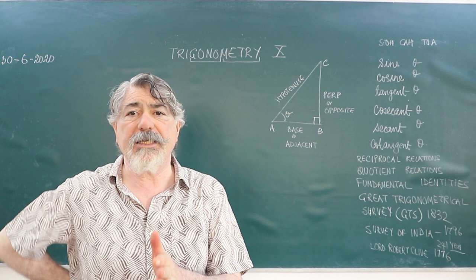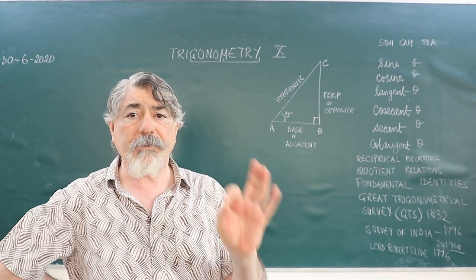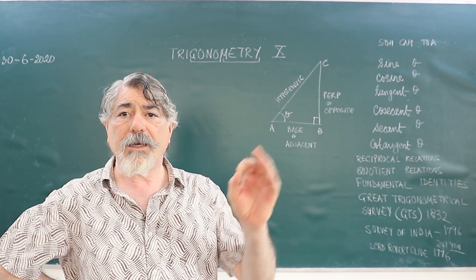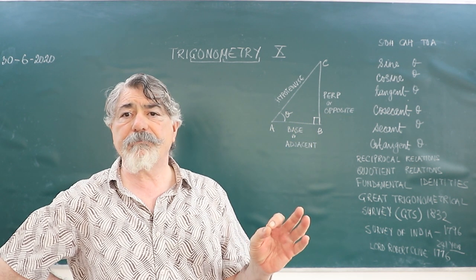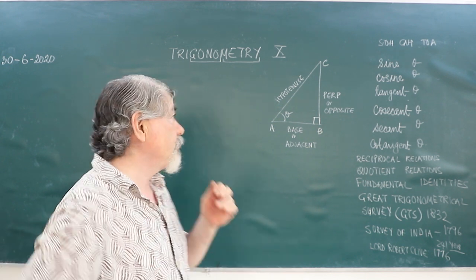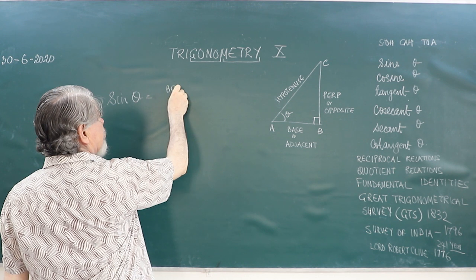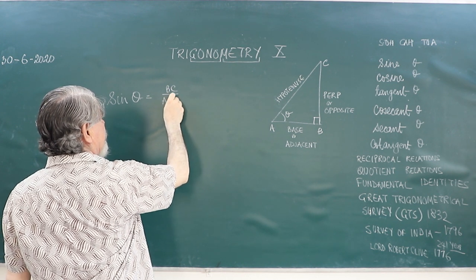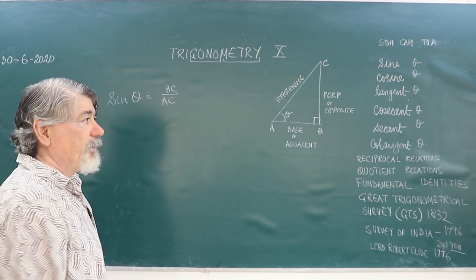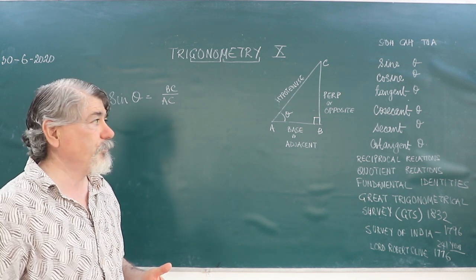Pandit Badri Prasad, or some people have, where P is perpendicular and H represents hypotenuse. So in this particular case it is BC upon AC, opposite upon hypotenuse.